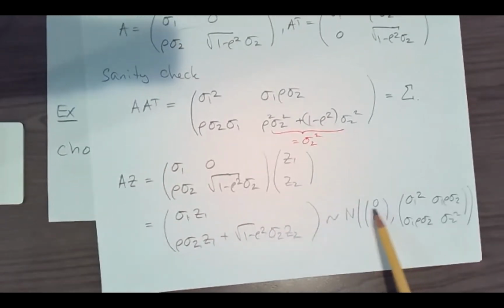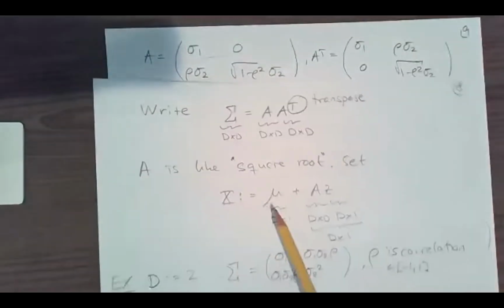If you want to have a mean instead of the zeros here, you will add that mean vector.